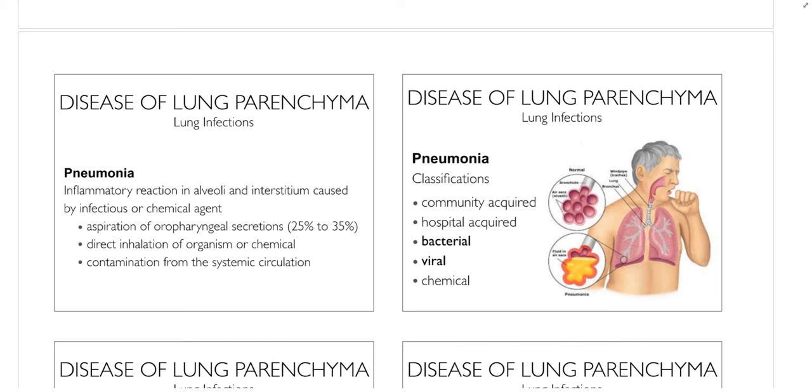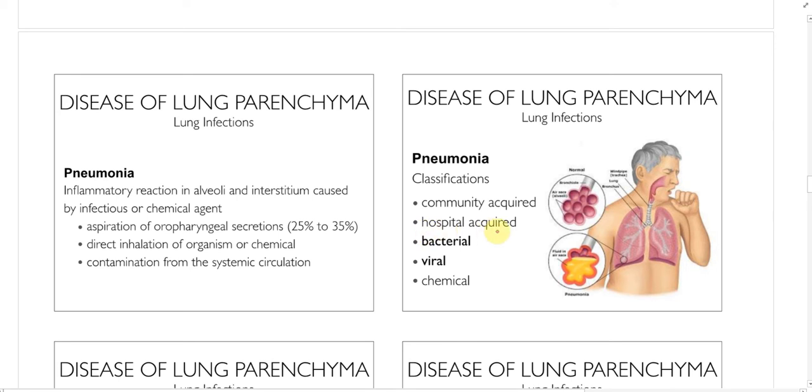They could also have it from direct inhalation of an organism or a chemical, or contamination from systemic circulation. Say there's an infection somewhere else that traveled then to the lungs. There are multiple different classifications of pneumonia. We can have community acquired, where it just came from the person wherever they were living, or perhaps while living in an assisted living facility, where the close quarters promote more potential for pneumonia acquisition.